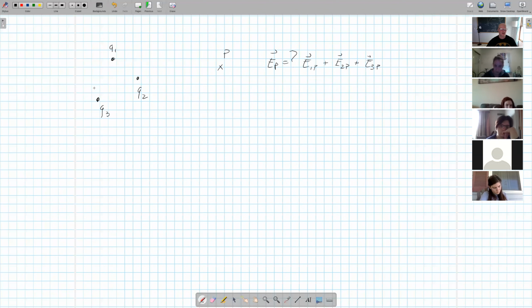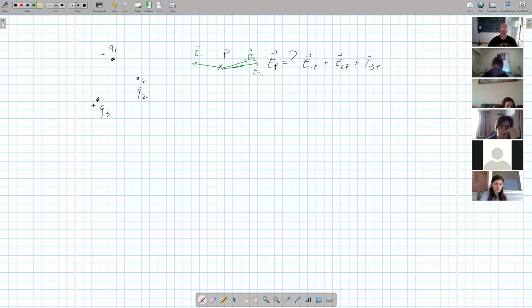Okay. So let's say, I don't know, for funsies, this is positive charge, and negative charge. So in this case, I would have what? E1 would point in this direction, because that's a negative charge. It would point towards negative charge. Electric field 2 would point in this direction, because it's positive, so it points away. 3 also points away, so 3 is going to point, say, something like this.